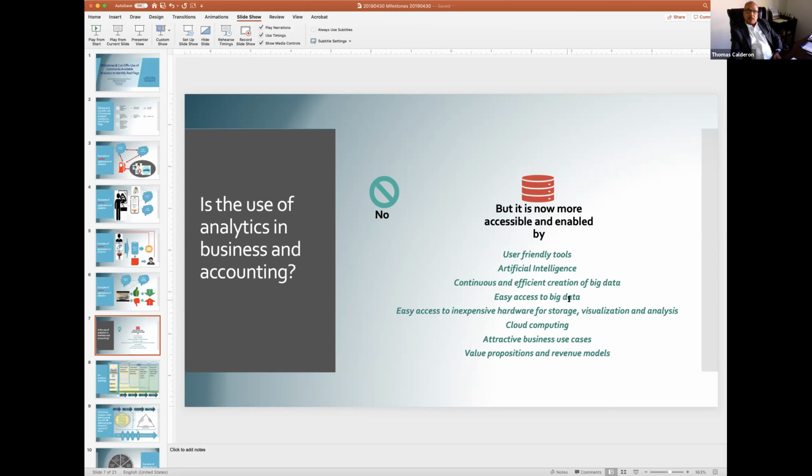What is interesting, perhaps most interesting about the availability of data, the availability of user-friendly tools, the availability of artificial intelligence, etc., is that there are many attractive business use cases that organizations are exploiting.